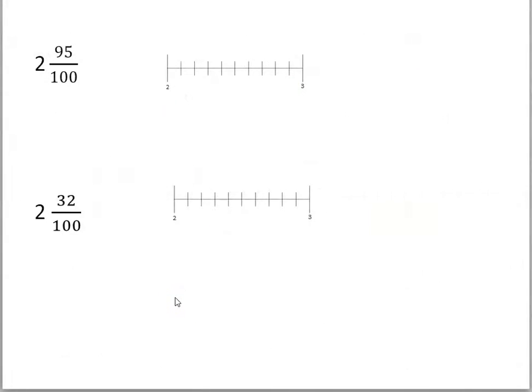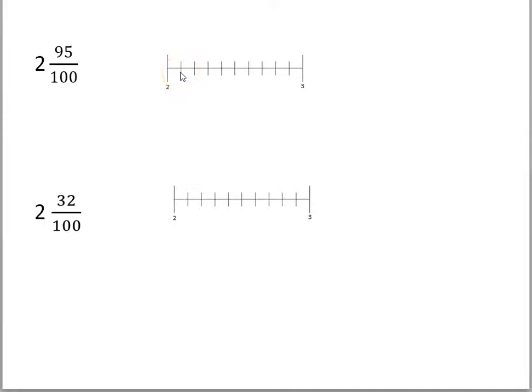All right, girls, if you flip your paper over and look at number 2, letter A, this example is right in your problem set, so we can do it right together. We have 2 and 95 hundredths, and we have to put it on the number line. Our number line is not broken into hundredths, but we can easily imagine what it would be.